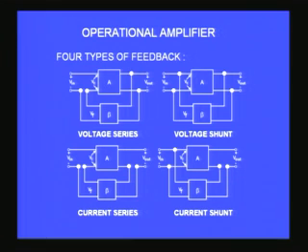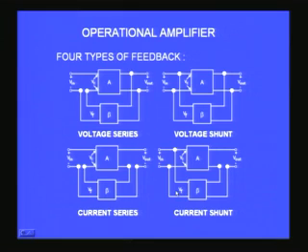You can see on the screen 4 different types of feedback circuits again shown for clarity. You might recall we did that in the last lecture also, where voltage is sensed and given as voltage at the input, voltage sensed and given as current in the shunt form, current sensed in series at the output and given as voltage at the input, and current sensed and given as a shunt at the input.